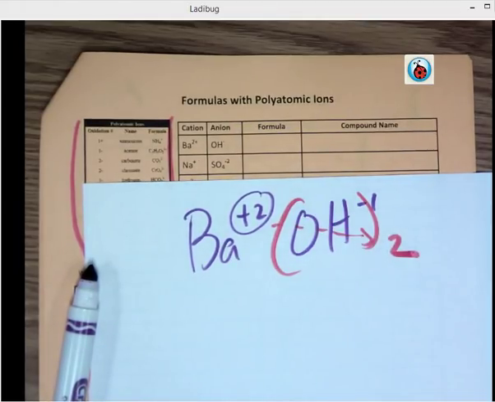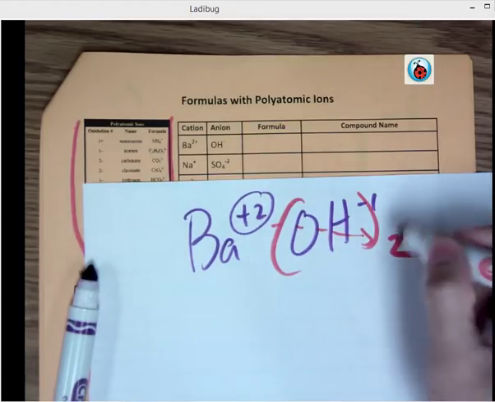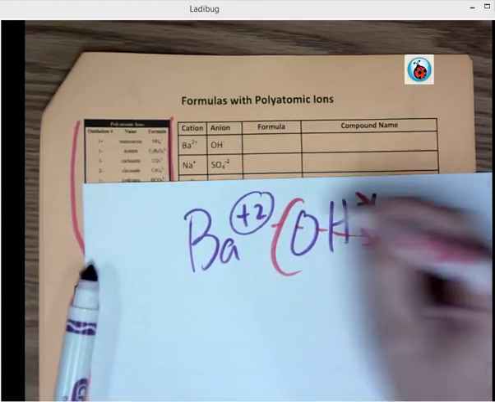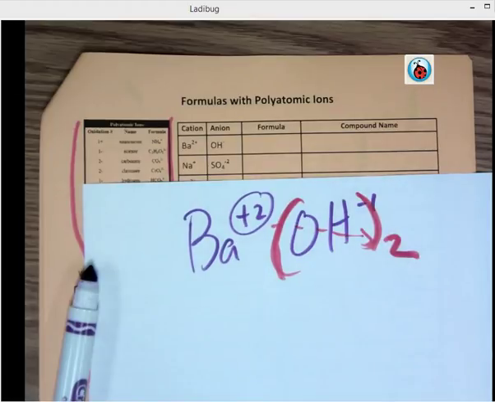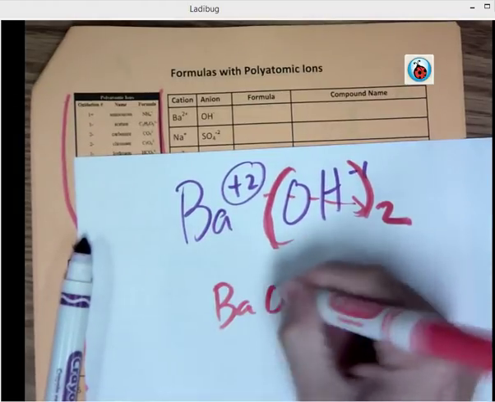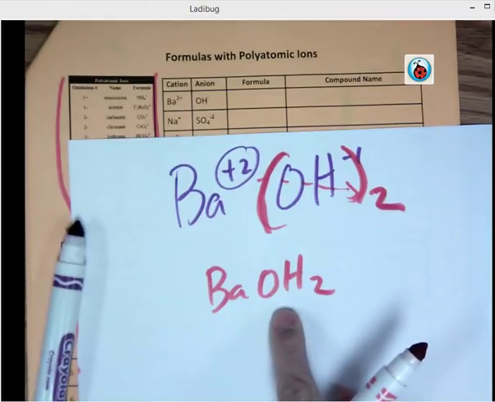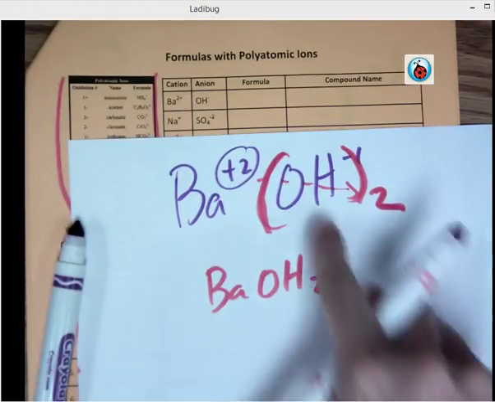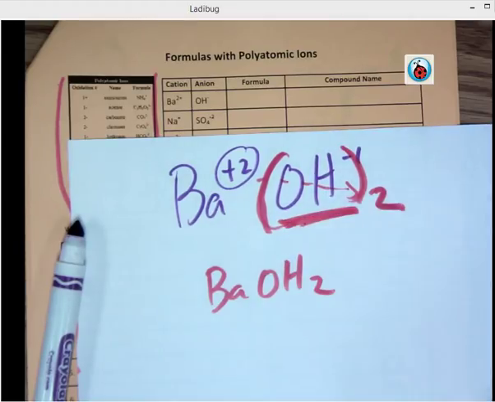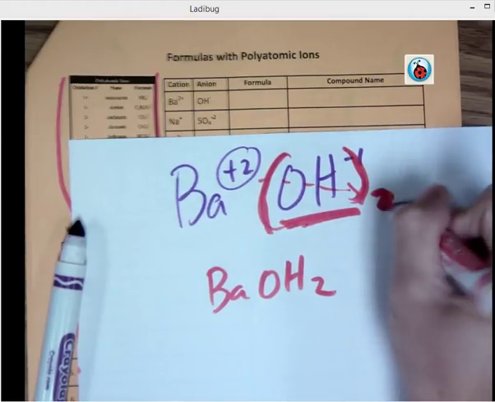When you put the subscript outside, what did you notice I also do? I also put parentheses around that whole thing, because now we're saying 2 OHs. If you only do this, that's just telling me there's 2 H's and 1 O. But we want 2 OHs, 2 of this whole group. So you have to put parentheses and put that 2 on the outside.